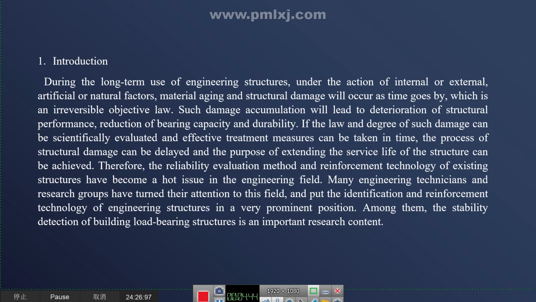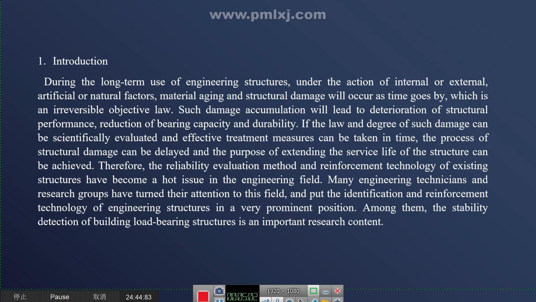Therefore, the reliability evaluation method and reinforcement technology of existing structures has become a hot issue in the engineering field.